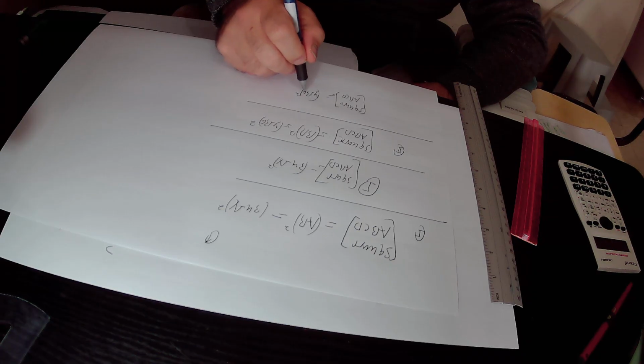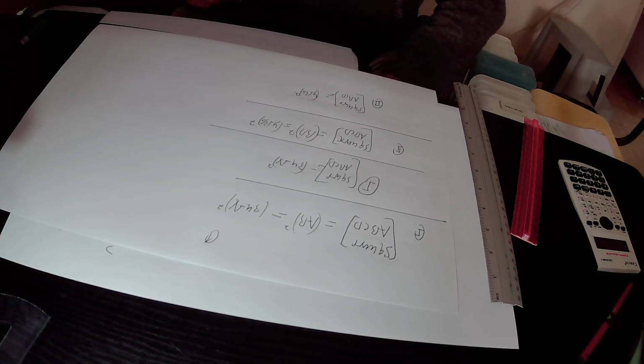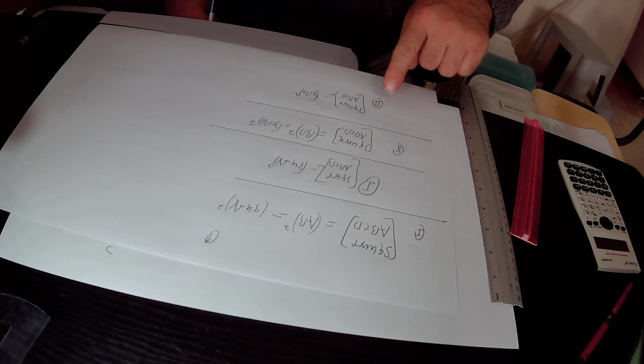So we actually have two different expressions for the area of square ABCD, equation 1 and equation 2.